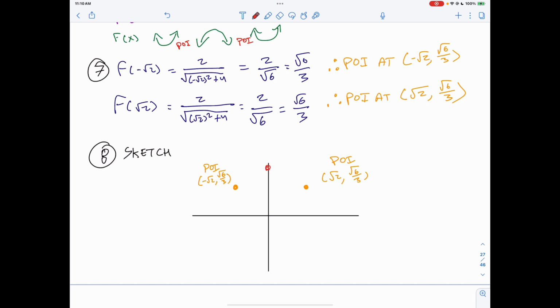I'm going to have a local maximum at the point 0 and 1.